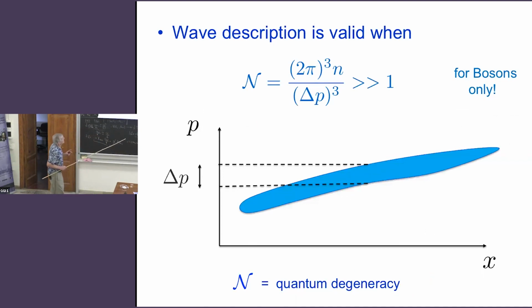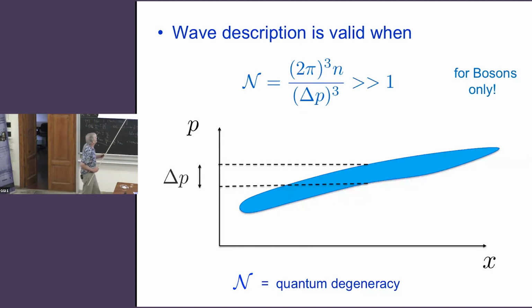Now, the wave description is valid in the opposite case, where the phase space density is much bigger than 1. When that happens, all the little wave functions overlap, and you can't tell them apart, but you still have a density in phase space. And actually, that is the most general description.